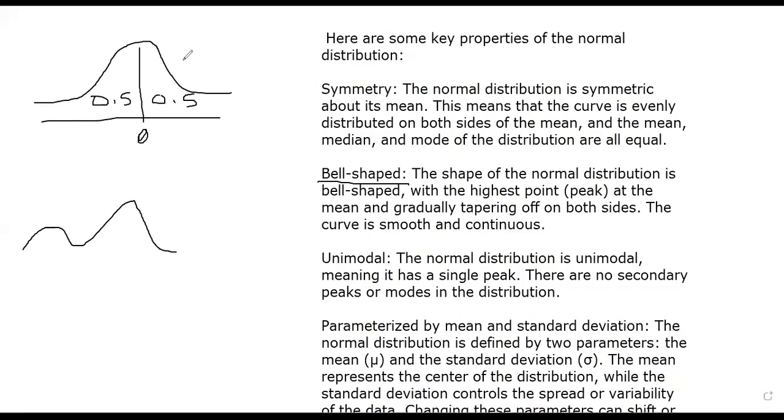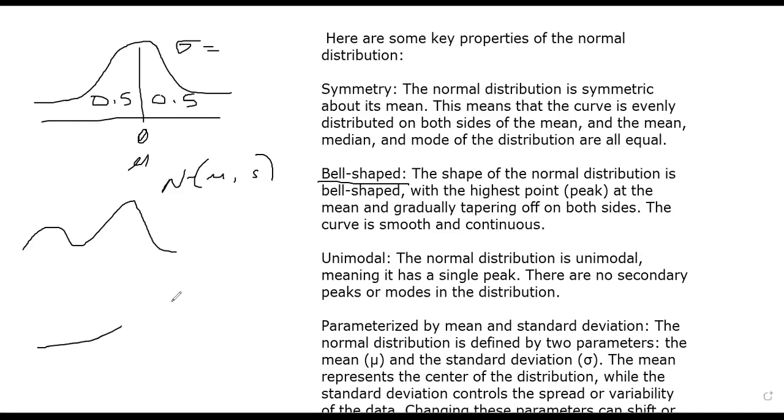Then also, it is parameterized by the mean and the standard deviation. Our mean is always here in the middle, and our standard deviation is given there. That's why the normal distribution will be given in terms of mu and standard deviation. The mean is the center of the distribution, while the standard deviation controls the spread.